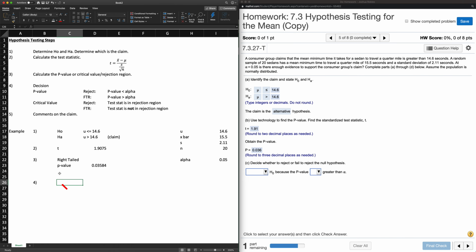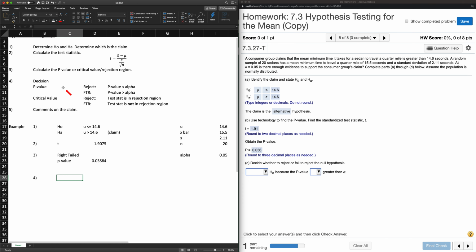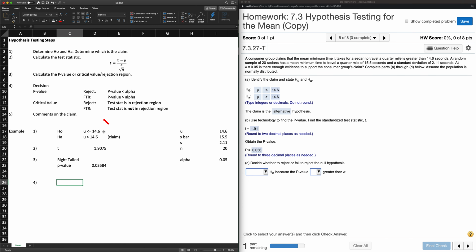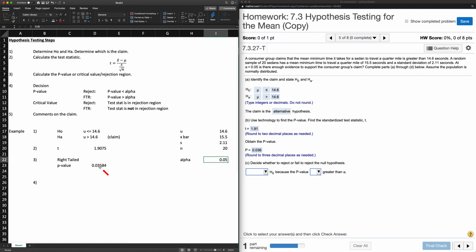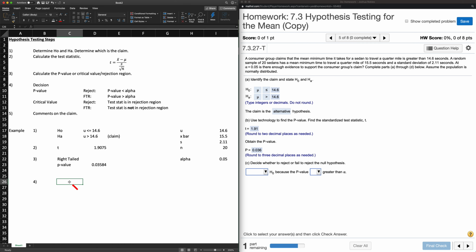All right, our decision. So are we going to reject or fail to reject? Alpha for this problem is 5%, 0.05, and our p-value is less than that. So this is a somewhat unlikely scenario to happen, assuming that the population mean is actually true. If the population mean were really 14.6, it's only 3.5% that we get a sample mean of 15.5 or more, which is somewhat unlikely.